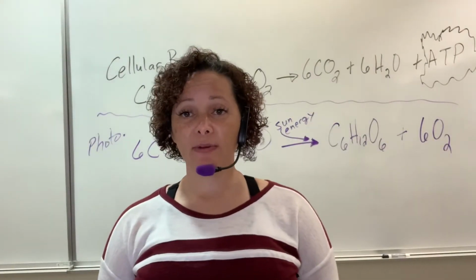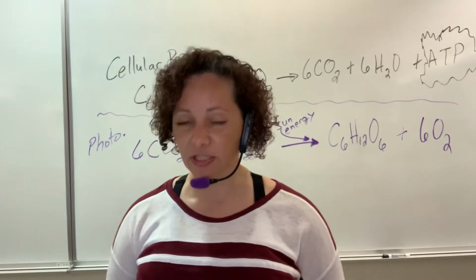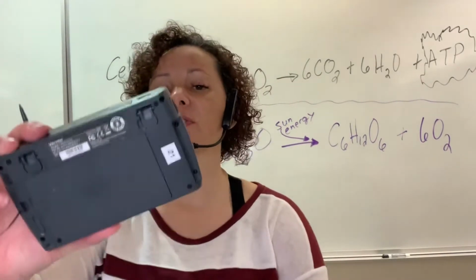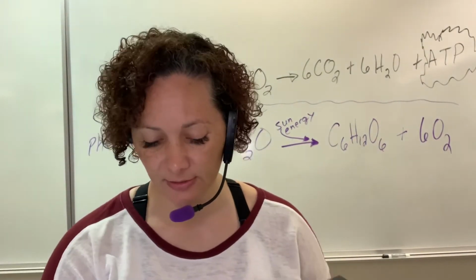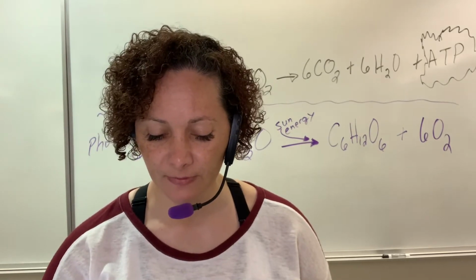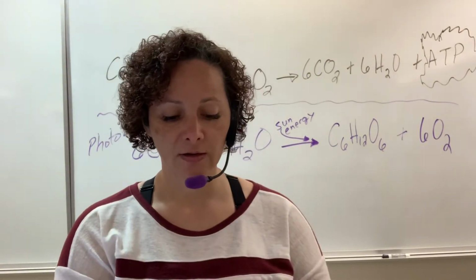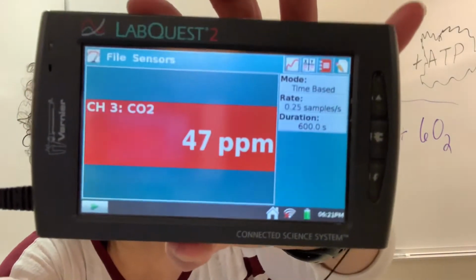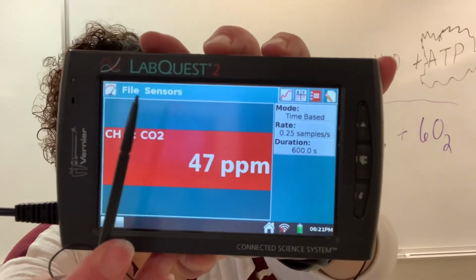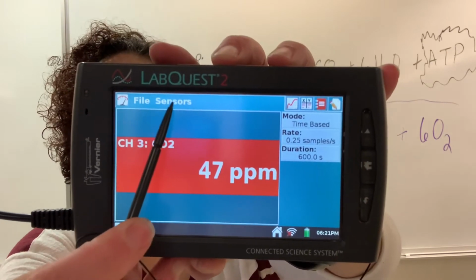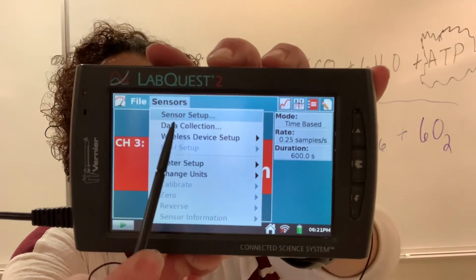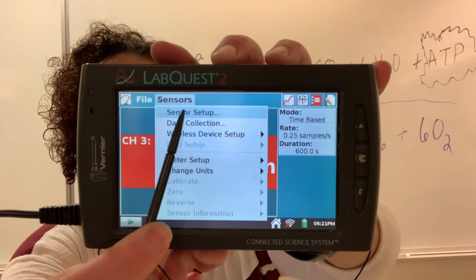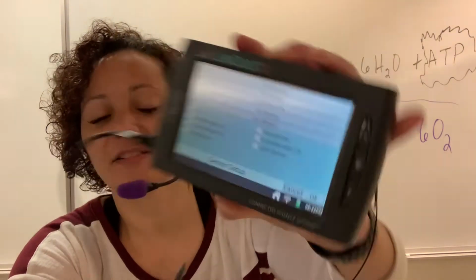So as you're getting ready to calibrate, what you're going to need to do is look at your sensors, look at your monitor, plug this in, okay? As you can see your monitor, you can see the file and sensors. Hit sensors, working upside down here. Now hit sensor setup. Look at that, sensor setup.